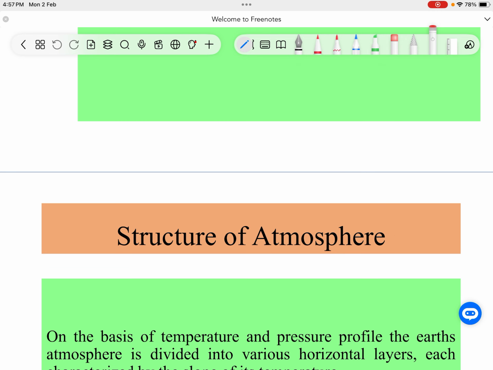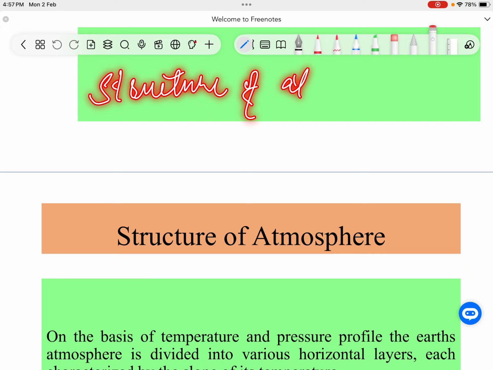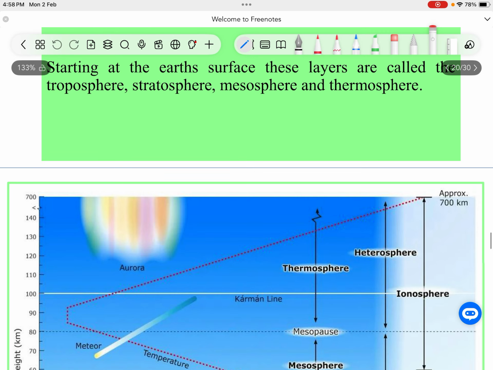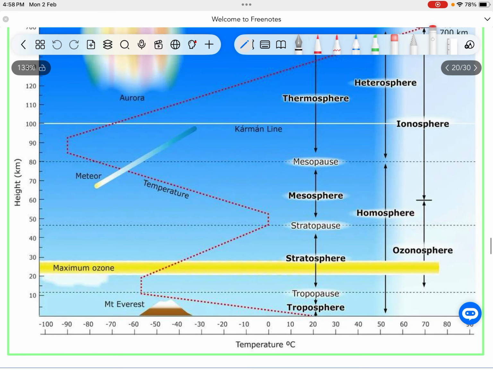with the structure of atmosphere, which is basically on the basis of temperature and pressure profiles.